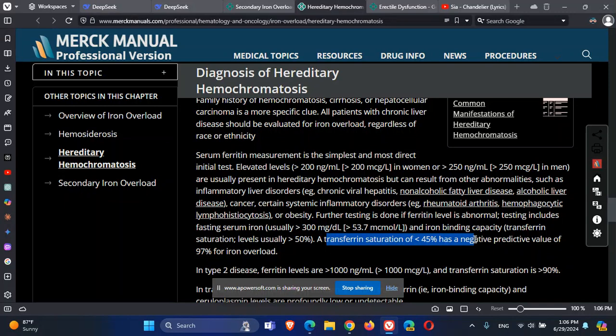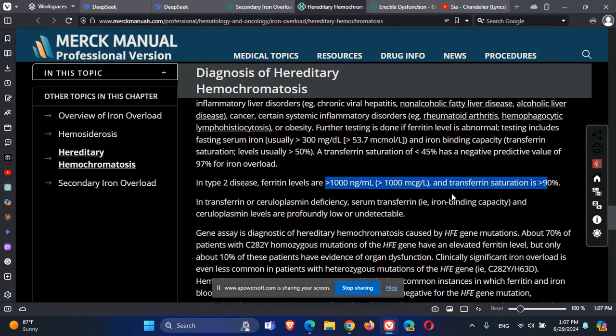Transferrin saturation above 45% is a predictive value. You see that usually the transferrin saturation is more than 50, the serum iron is elevated, and usually also the ferritin is much elevated.